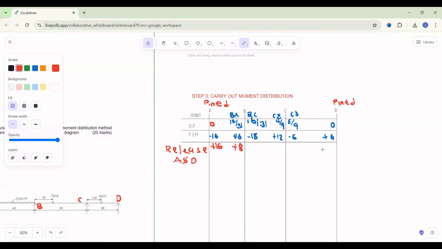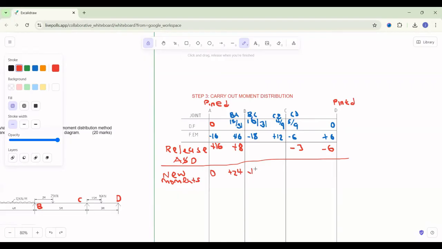We do the same here. We add minus 6. And we add here minus 3. And we close there. So we'll have a new moment. This one will be basically 0. It will be plus 24.